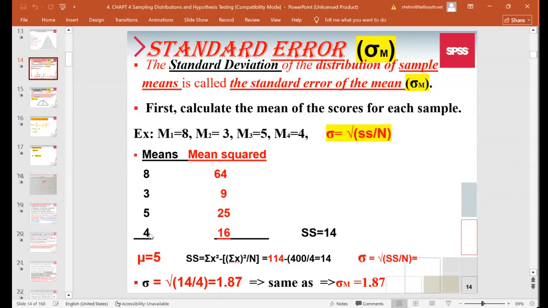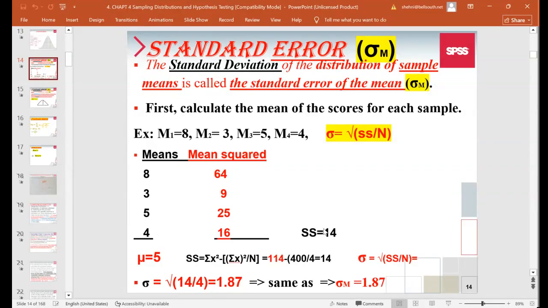So with that, if you wanted to calculate the standard deviation for this, it is the square root of SS over N. So you calculate the SS like we did in the past, divided by the total number, which is 4. This is the standard error, but it's kind of silly because nobody will do that.